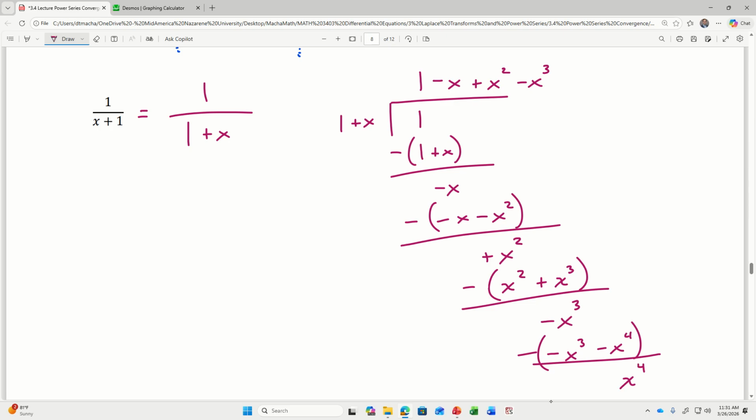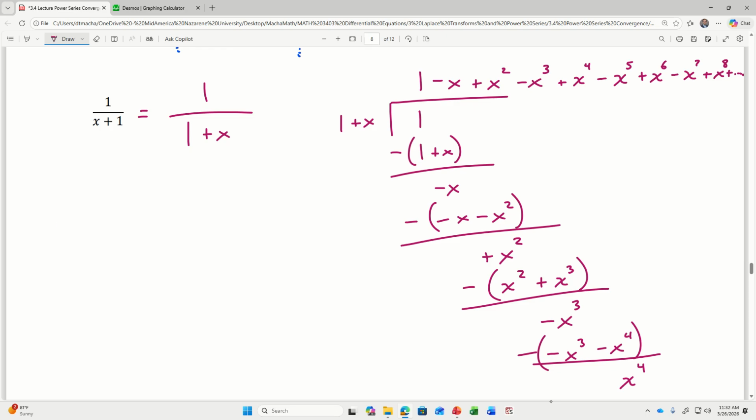And do you see a pattern here? The pattern here is that every single time I take another step in the long division, it's going to alternate the plus or minus sign, and it's going to leave me with x to the next larger power. Forever and ever and ever. This kind of pattern's never going to quit. And this is kind of an infinite sum.